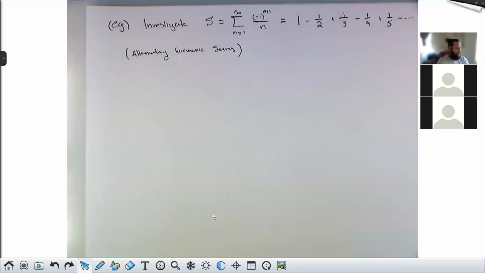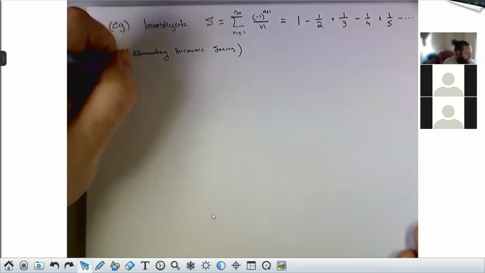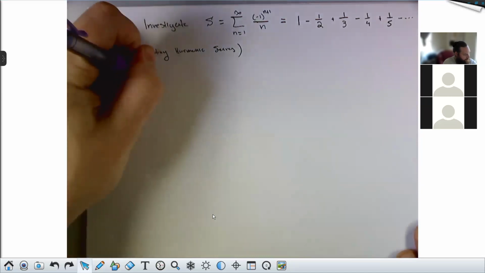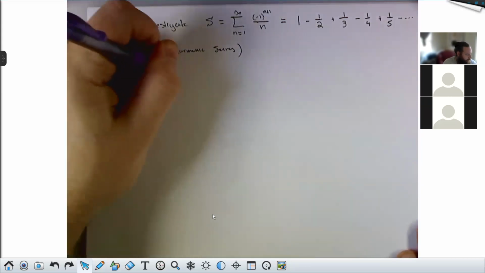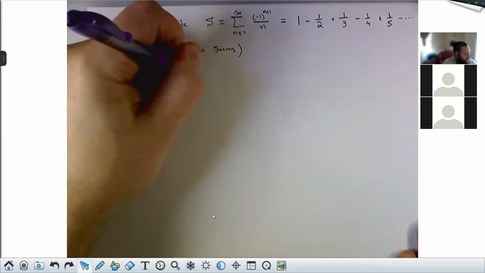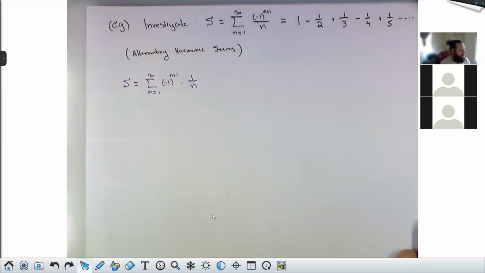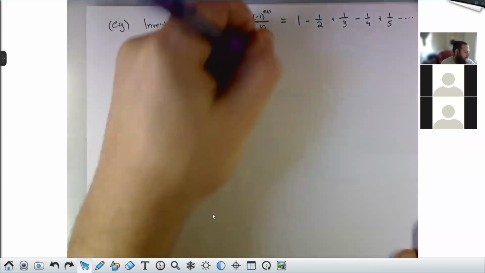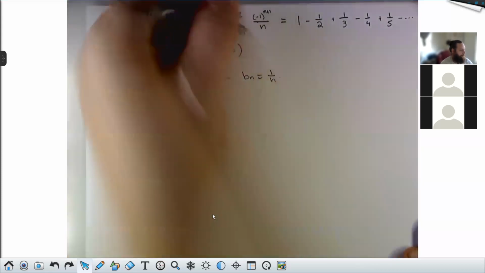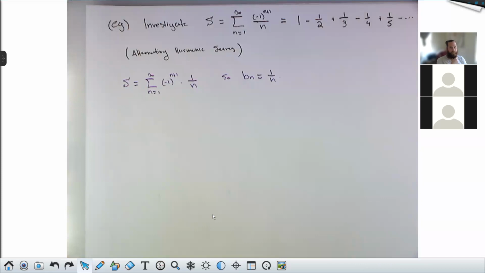So here comes the solution. S is sigma n from 1 to infinity. I can rewrite this as (-1)^(n+1) times 1 over n. So Bn here is 1 over n. This is an alternating series, where the Bn's are just 1 over n.